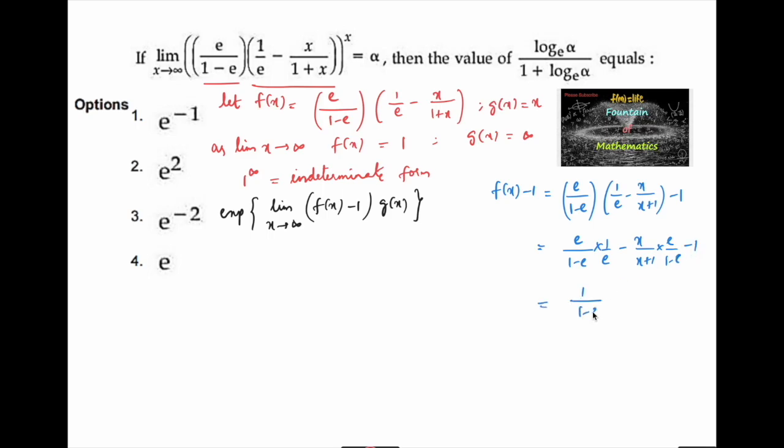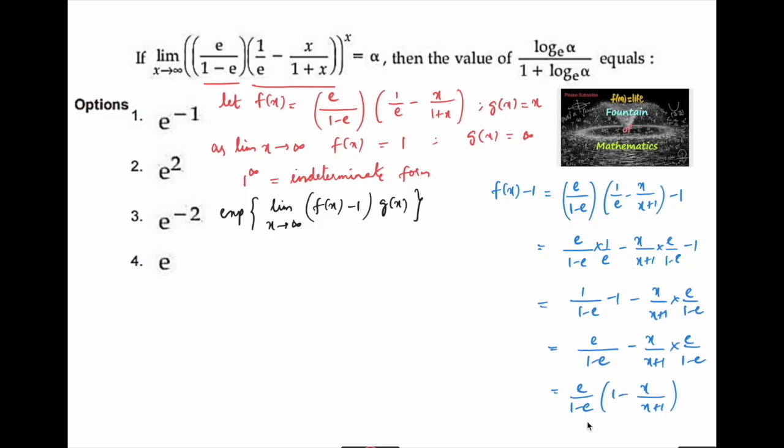That is 1 upon 1 minus e minus 1, minus x upon x plus 1 into e upon 1 minus e. So if we simplify 1 minus of 1 minus 1 plus e, that is e upon 1 minus e minus x upon x plus 1 into e upon 1 minus e. So if I take common e upon 1 minus e, we'll get 1 minus of x upon x plus 1.